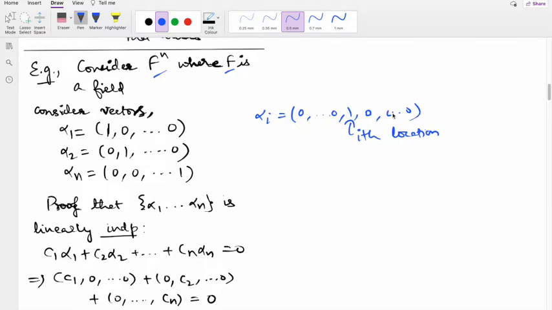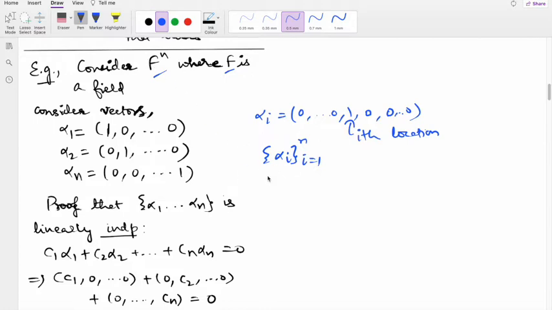Remaining everything is 0. Now I'm asking the question: is this set alpha 1 to alpha n, defined in this way, for i equal to 1 to n, a basis for this particular vector space or not?